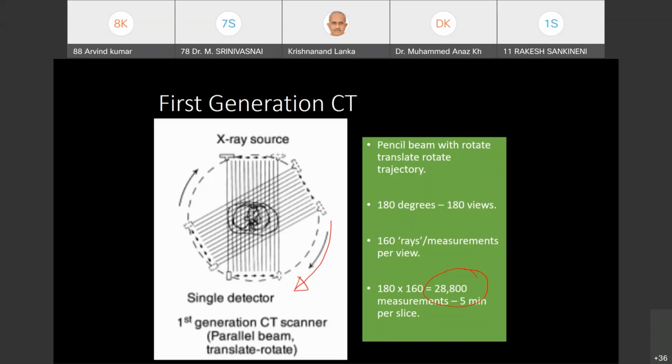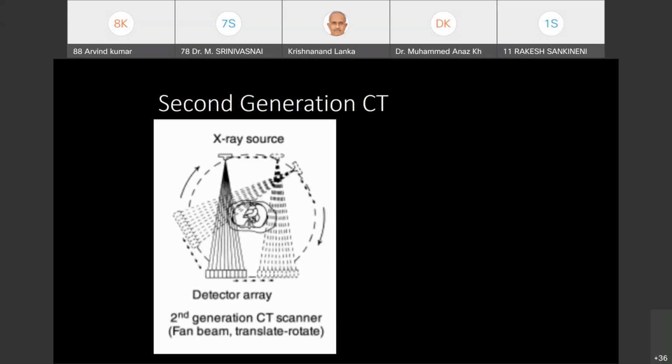So probably this is the kind of strategy Hounsfield might have used to generate the first images of each slice. And then we have a second generation, where it is a fan beam and a translate-rotate kind of strategy. The X-ray is, you can see here.